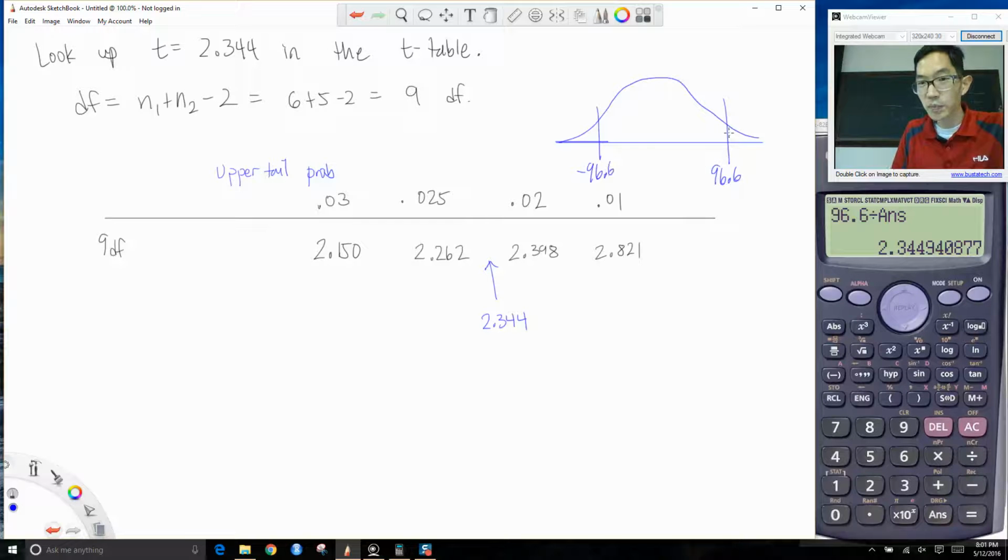What this says is that this upper tail area is between 0.02 and 0.025, because 2.344 is in between this value and this value. That means the corresponding upper tail has to be in between 0.02 and 0.025. Is that okay?